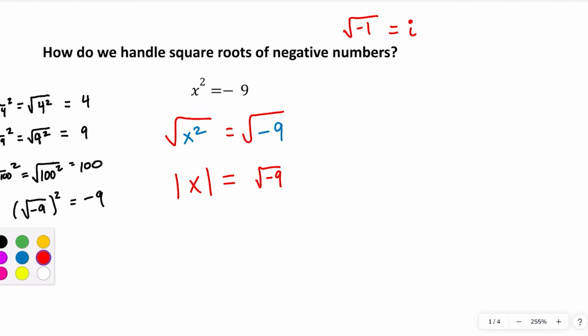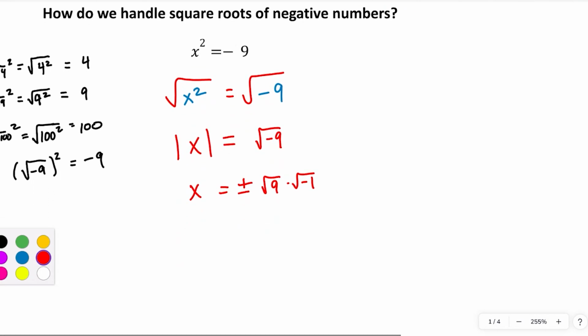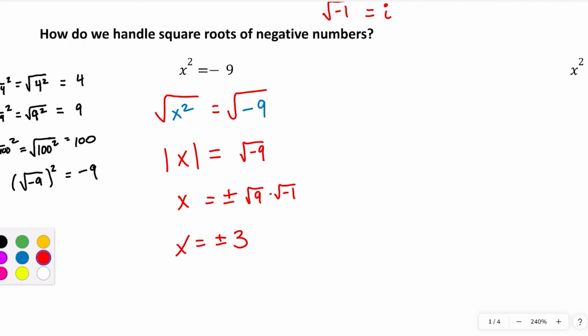And so we can say x equals plus or minus the square root of 9 times the square root of negative 1, because 9 times negative 1 is negative 9. We know the square root of 9 is 3. So x is going to be plus or minus 3 times the square root of negative 1, which we're going to call i. So anytime you ever see i, that just means the square root of negative 1.